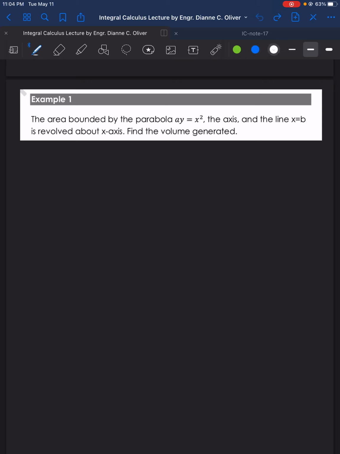Okay. So first, we will be sketching the curve using this equation here. So using ay is equal to x squared, if y is equal to 0, therefore x is equal to 0.